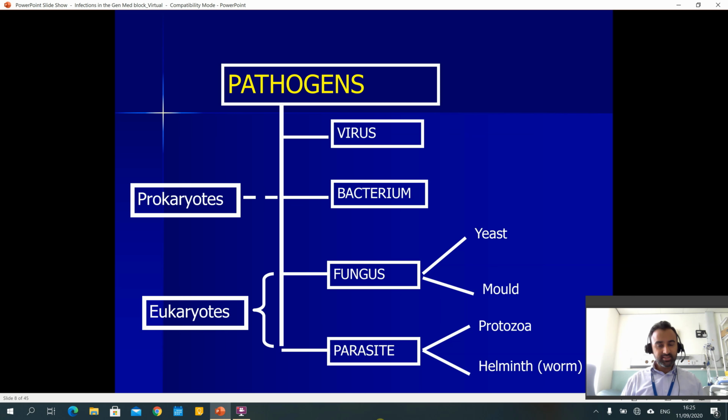Fungi you may see in some specialties, and hopefully you'll be aware that most fungus, at least invasive fungal infections, are caused in the immunosuppressed. So this may be patients with HIV, for instance, or those who are on immunosuppressing drugs. Simple superficial skin infections are quite common.